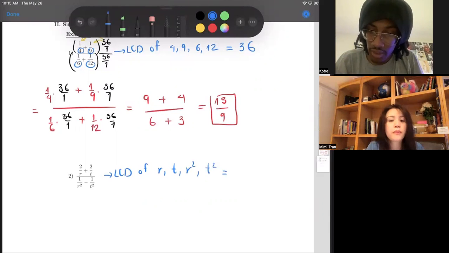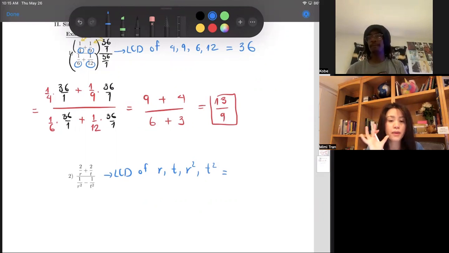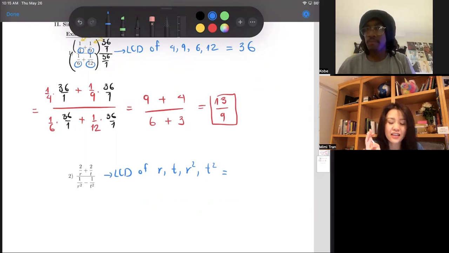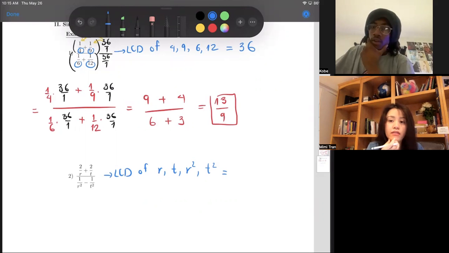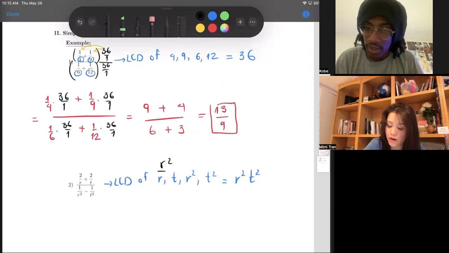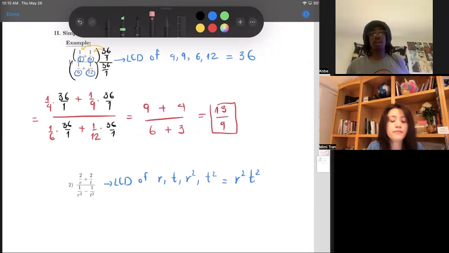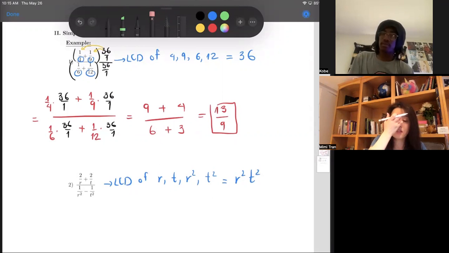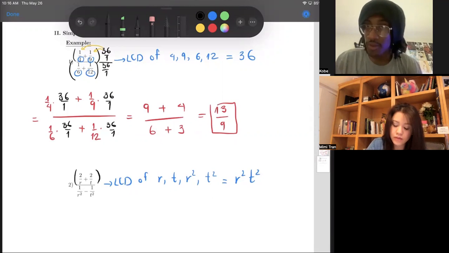It'll be something bigger. When you think LCD, it's kind of confusing, but it's some big number that divides everybody. Would that be R squared then? R squared and T squared, because it divides everybody, right? R squared divided by R. Yeah, divides everybody. And then I would just multiply that by over 1. Yeah, over 1. Alrighty, thank you. You're welcome.